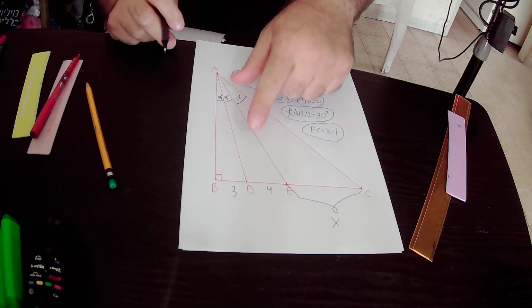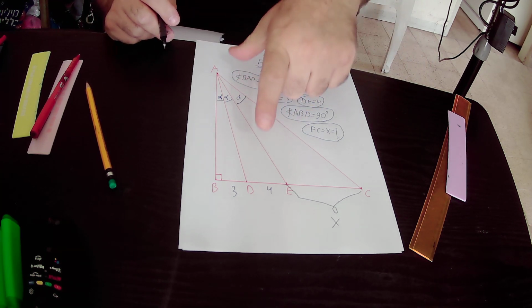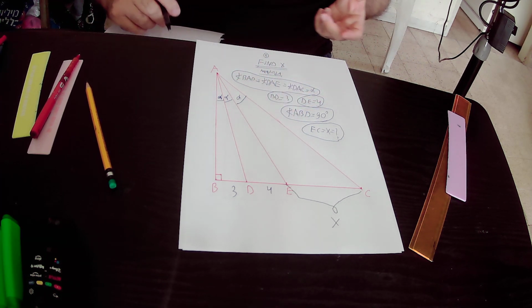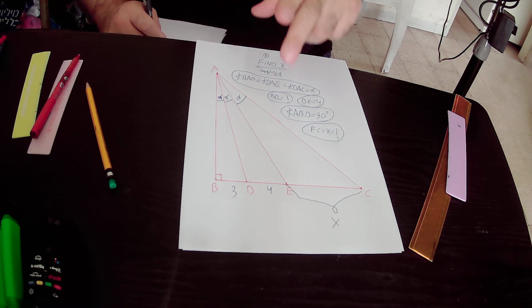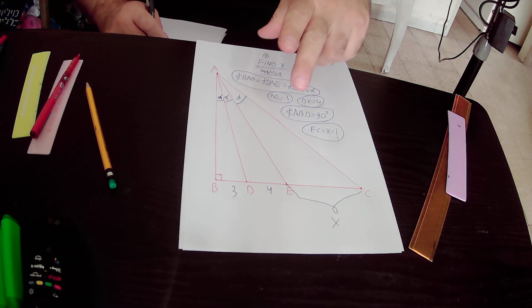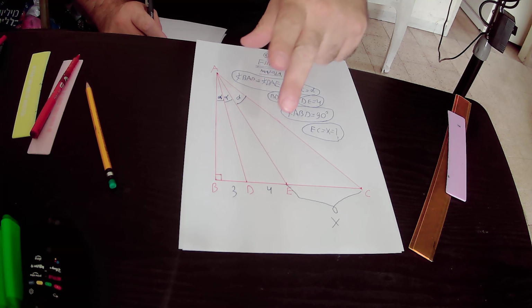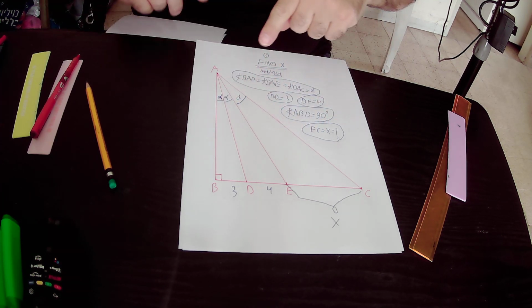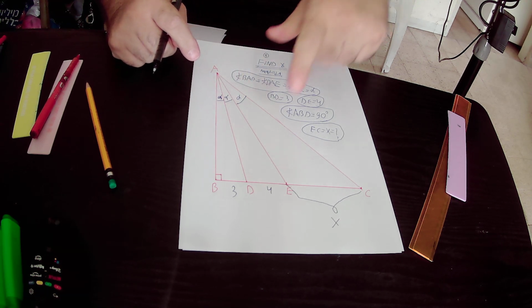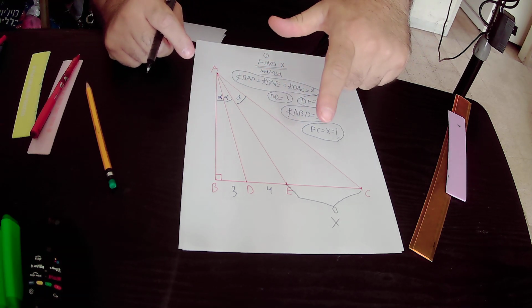Why is AD an angle bisector? Because AD divides angle BAC into two equal parts, alpha and alpha. Therefore, AD is an angle bisector in triangle ABE.